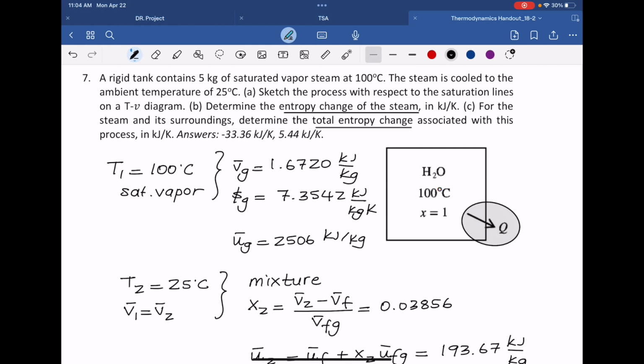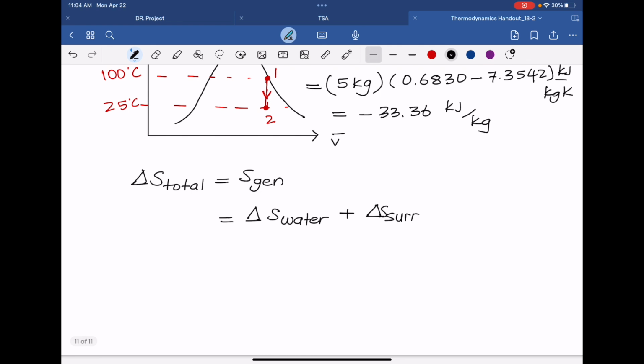And also you can think about the surrounding area as the sink at this point. Because the only way to calculate this surrounding entropy change is using this relation, we don't have any other form of calculating this, and we need to know Q and then the temperature, which is 25.